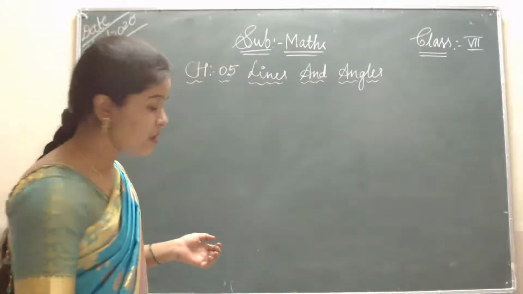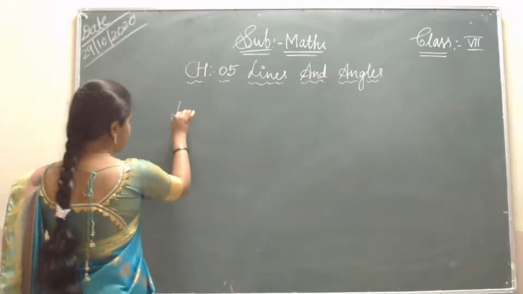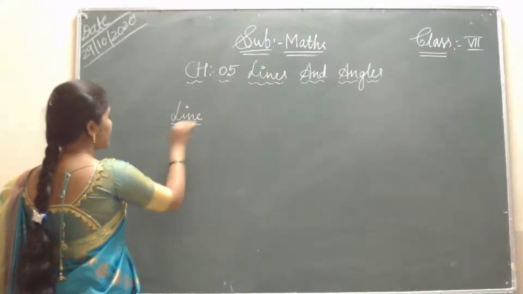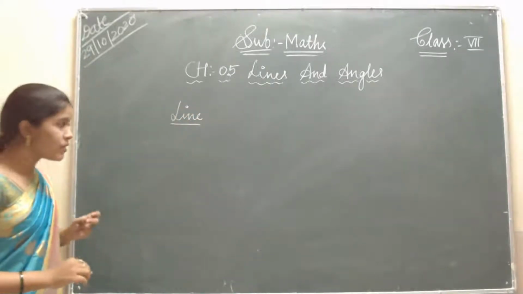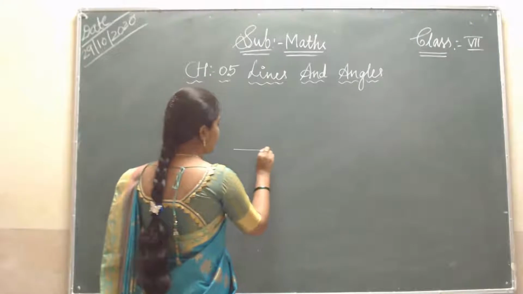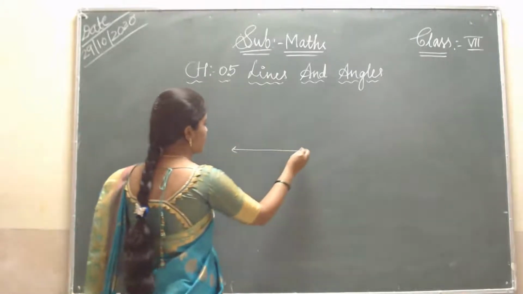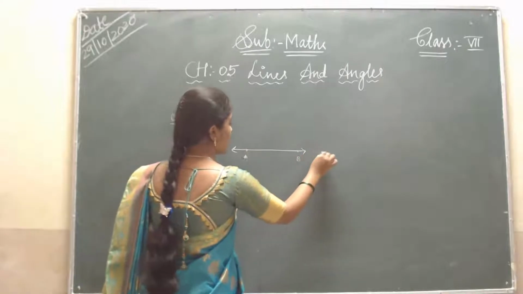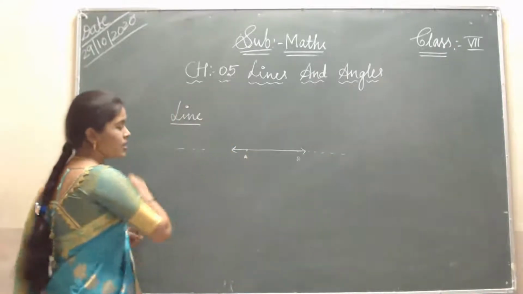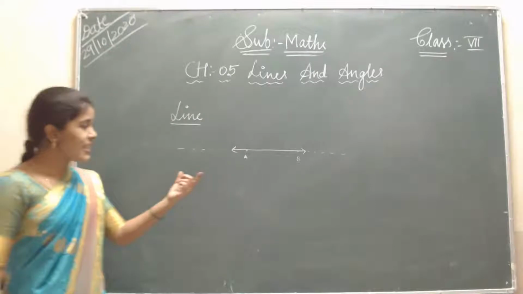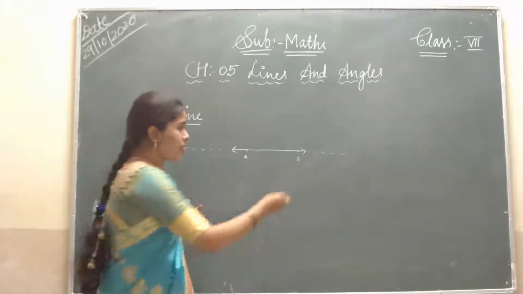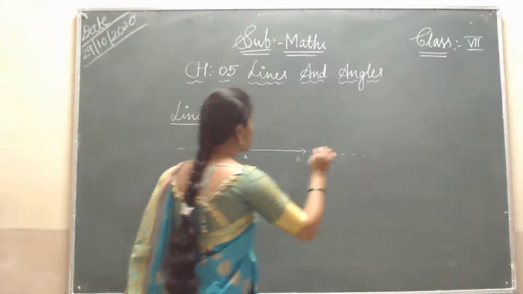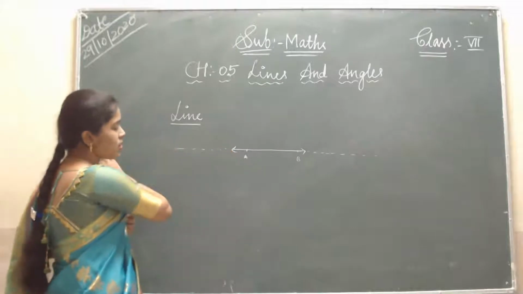In this, first, line. What is a line? See here. This is A, this one is B. This is a line. The points extend from both sides. See here, B is also extending, and A is also extending.